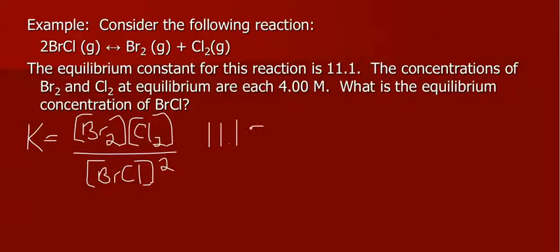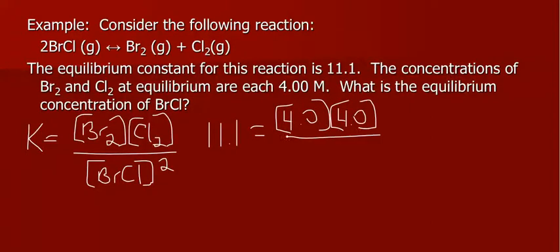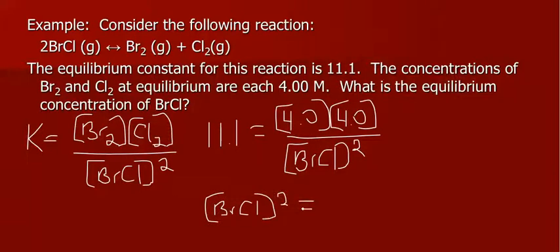We're going to set that equal to concentrations we know are 4 times 4, and we're solving for BrCl. Okay, you can do a little rearranging here. So I know the concentration of BrCl squared is going to be equal to 4 times 4 divided by 11.1.